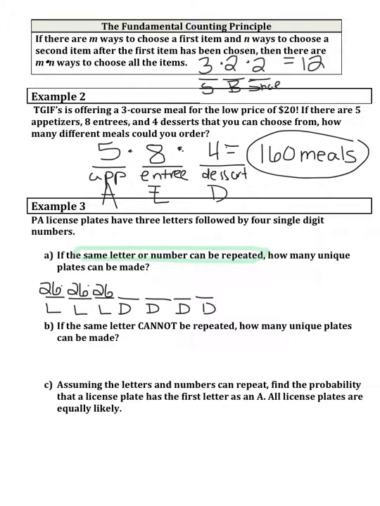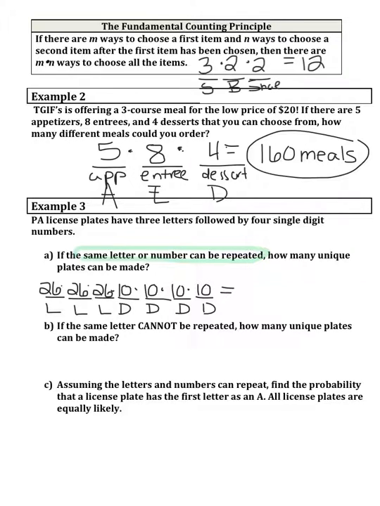So why are you incorrect? You forgot 0. 0 could also be a number on your license plate. So there are actually 10 single-digit numbers. Since the numbers can repeat, the 10 is the number of options you have for each of those decisions. Don't forget to go back and put the multiplication dot in between. Show me that you are multiplying. That is the fundamental counting principle.